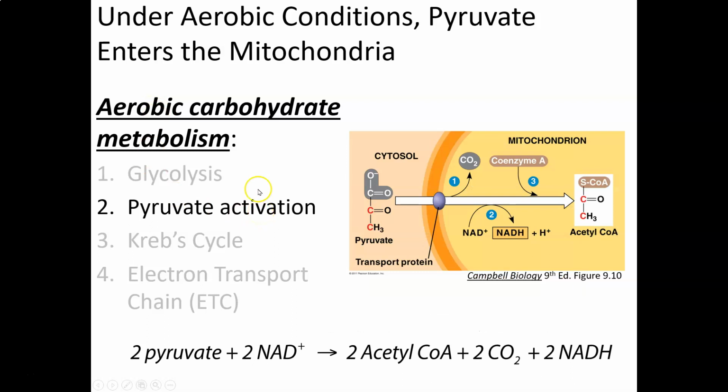So once we get through glycolysis, we're going to take our pyruvate, and pyruvate gets transported into the mitochondria. And we're going to convert pyruvate into something called acetyl coenzyme A. Pyruvate is a 3-carbon molecule.